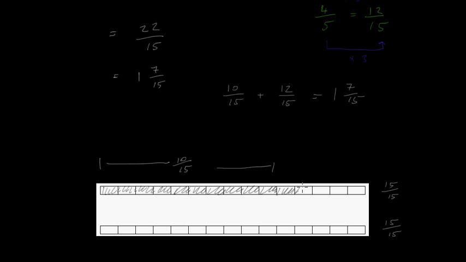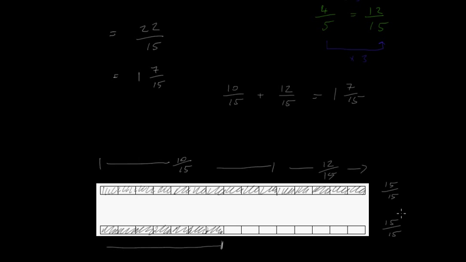Here's 1, 2, 3, 4, 5, 6, 7, 8, 9, 10, 11, and 12. So this will bring me up to, well, I'm adding another 12 15ths here, and I go all the way up to here, 12 15ths.